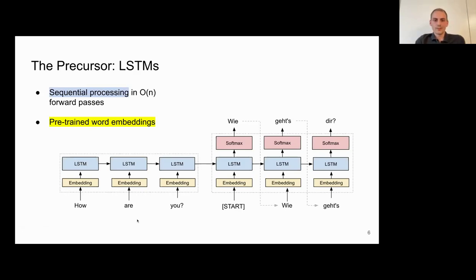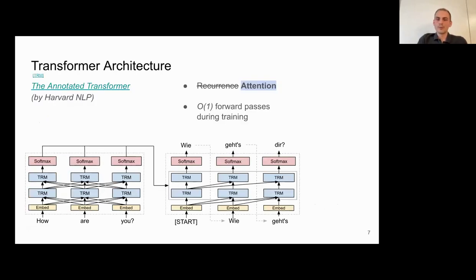One of the problems with it is that you have O(n) forward passes, where n is the sequence length. That means for every position in that sequence, you need to do an entire pass through the model, the model being this blue cell, and that makes it slow. What the transformer introduced was removing this recurrence and replacing it by attention.